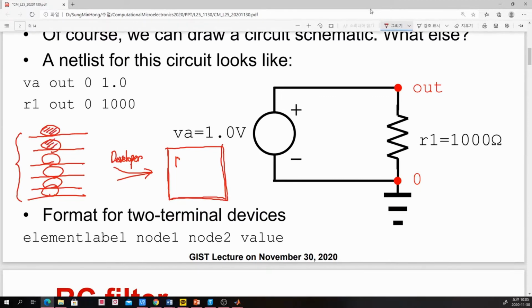The user doesn't worry about any connectivity problem. Just have a look at each element and specify the connected node from each terminal. So that is quite a natural way to describe our circuit.